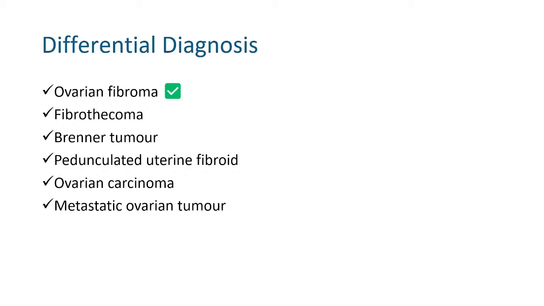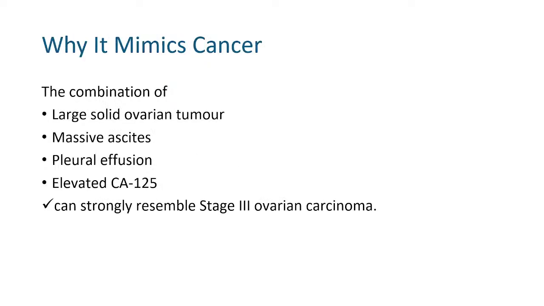Differential diagnosis that you can have: ovarian fibroma, fibrothecoma, Brenner tumor, pedunculated uterine fibroid, ovarian carcinoma, and metastatic ovarian tumor. These are the common differentials for Meigs' disease.